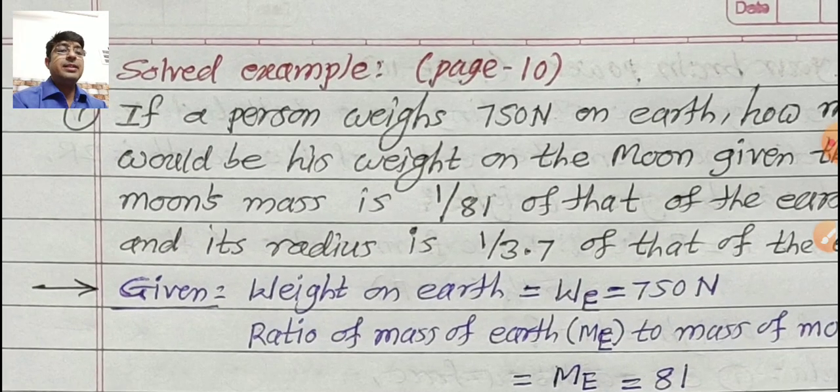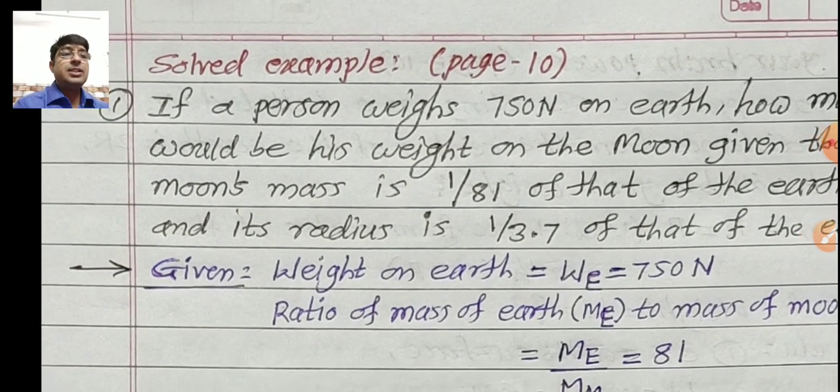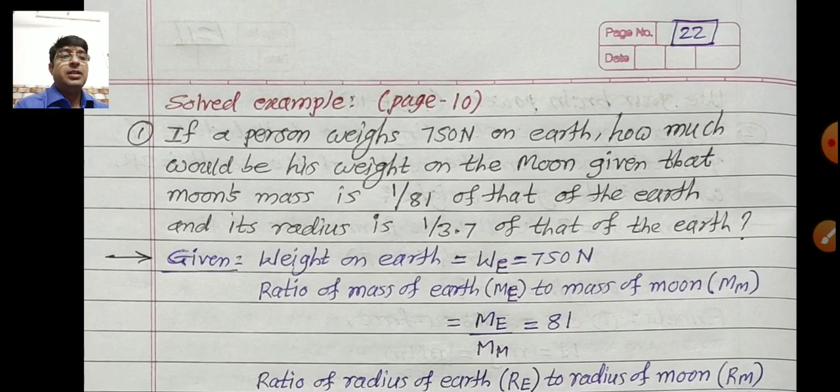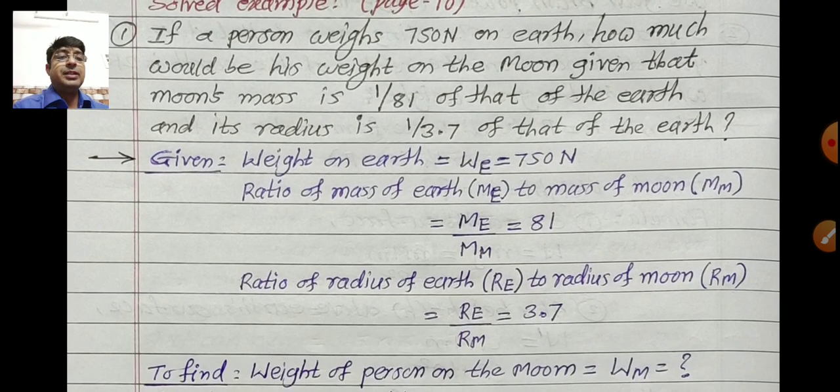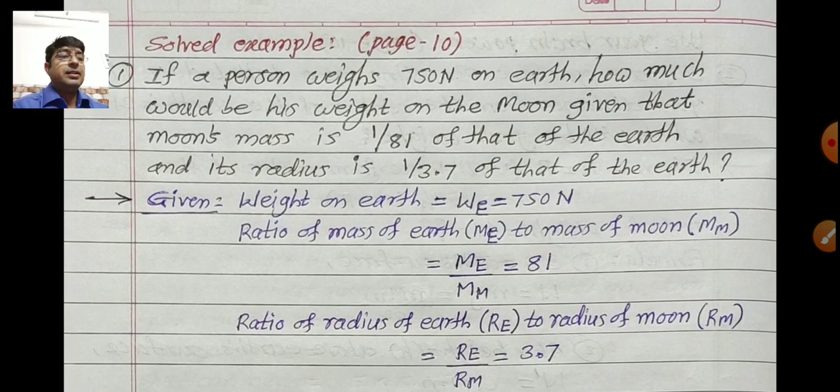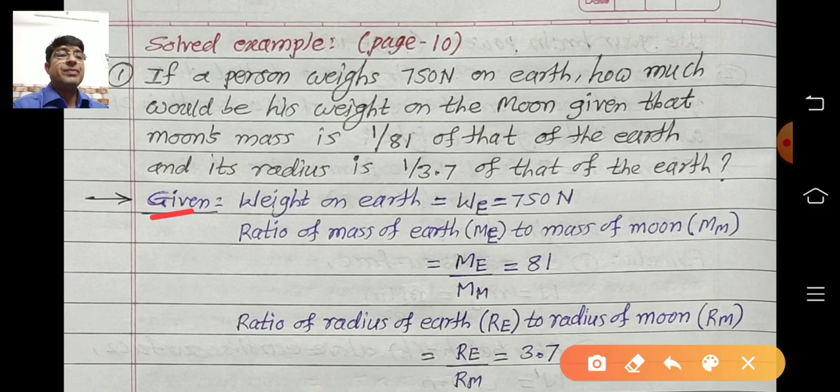How to write the solved example? See, this is the solved example on page number 10. The question is already given in the textbook and I am writing it also here. So how to write now? First of all write down the given weight on the earth, mentioned as WE equal to 750 Newton.